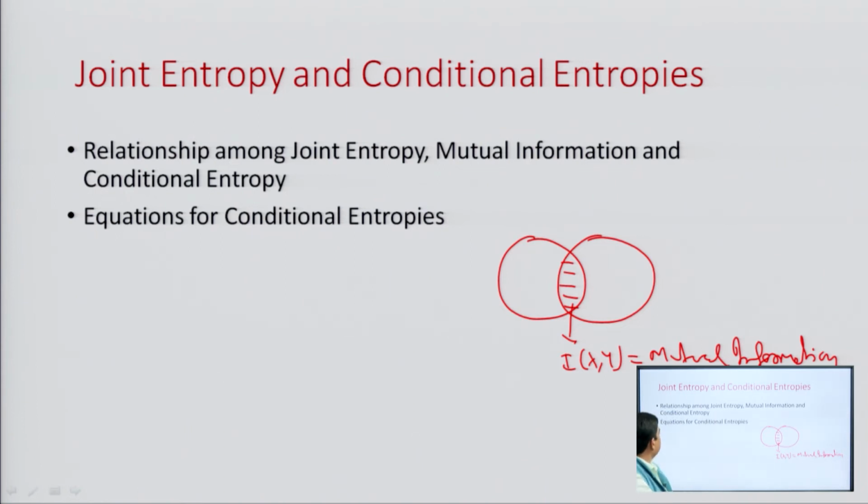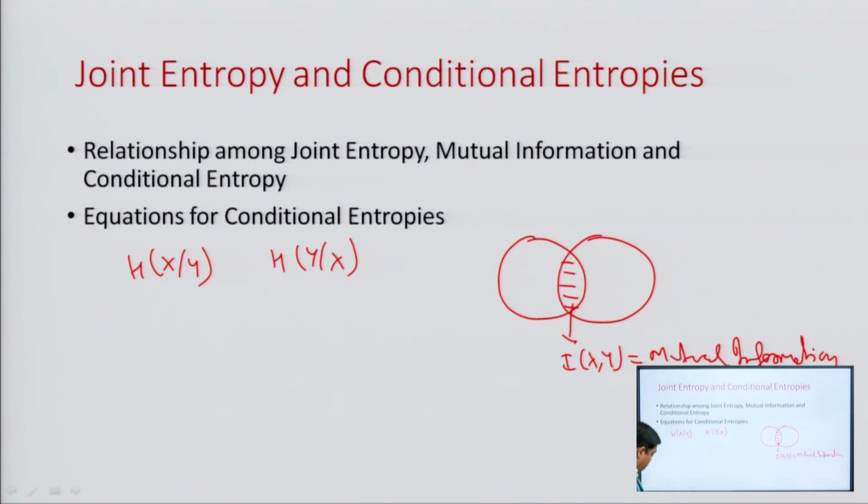That expression we will calculate, and the relationship we have already discussed. Now, equations for conditional entropies, that is H(X|Y) and H(Y|X).